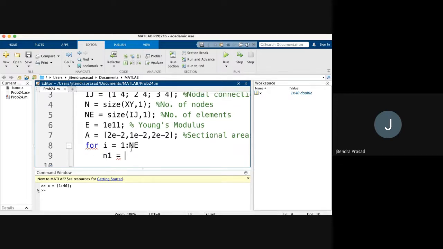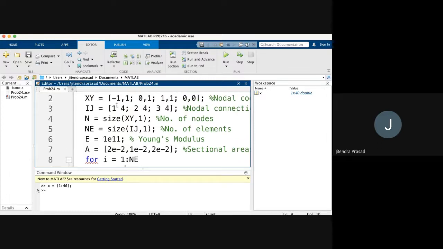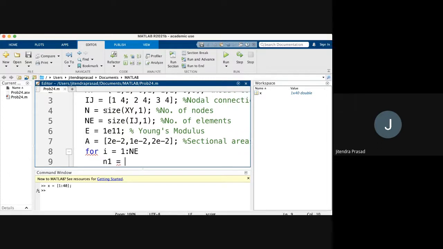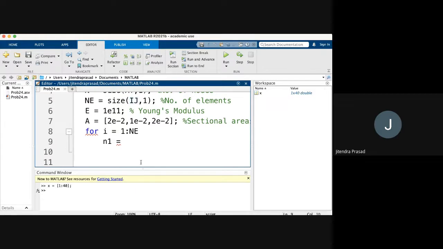So for I equal to 1 to ne, the total number of elements, n1 will be equal to ij, where we are finding the node number. Then we have the ith one. But remember, this gives you the j column.